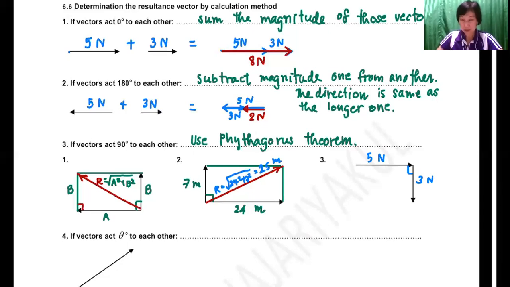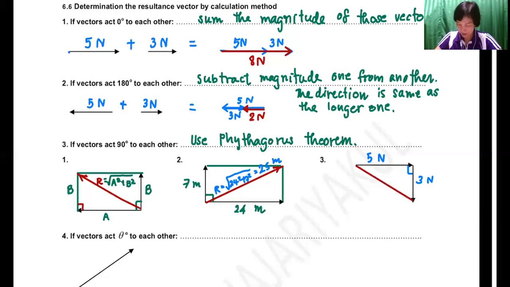From this problem, you will see that they are connected head to tail, so we don't need to use the parallelogram. We will draw the resultant using the head-to-tail method. Our resultant must start from the tail of the first vector and end at the head of the last vector.